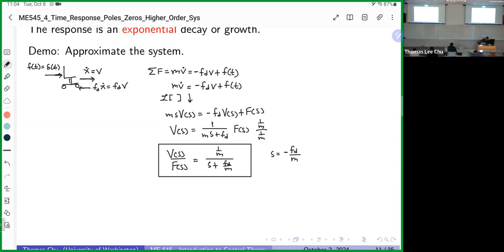Okay, so let's say F of s is equal to 5 units of force. Basically, this is me applying 5 units of the Dirac impulse.